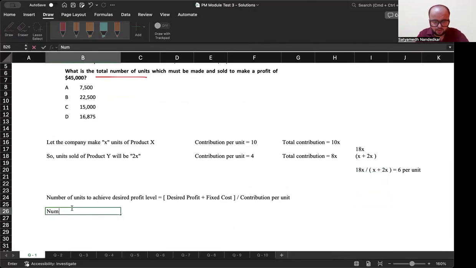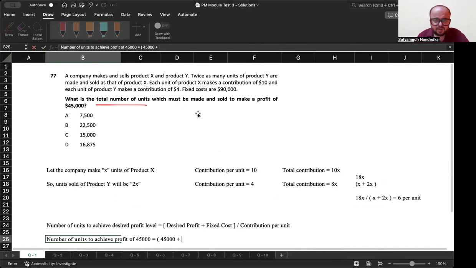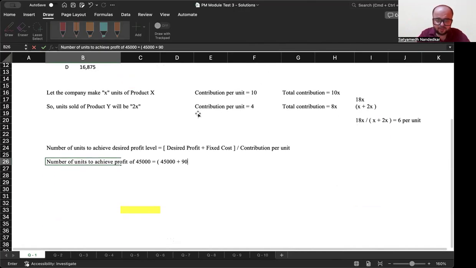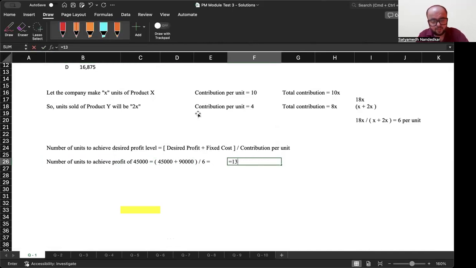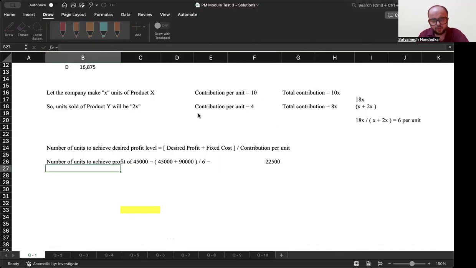So now number of units to achieve profit of 45,000 is 45,000 plus what is the fixed cost that the business is incurring? Fixed cost is 90,000, upon 6. So you have 1,35,000 divided by 6, which is 22,500.